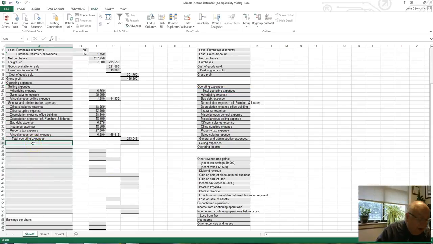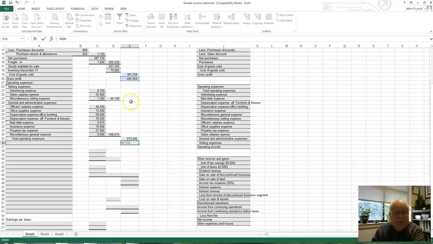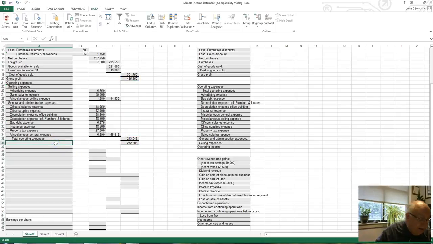And then you'll take the total operating expenses and subtract it from your gross profit, which would be the 485,650 minus 213,045 to get the 272,605, and that is your operating income.